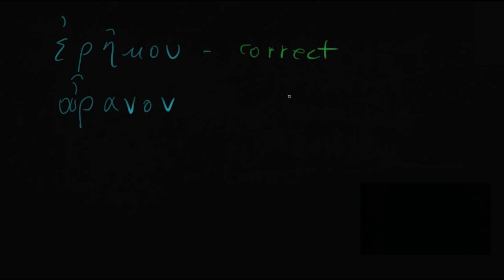This is not correct, because you have these syllables here, and this is actually the antepenult. If you remember, circumflex can only go on the penult or the ultima, so it's outside of its range. So this is not correct.